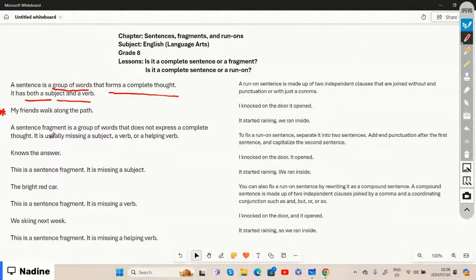If we identify the subject as well as the verb within that sentence, then my friends or friends would be the subject. I'm going to put S for subject. And walk would be the verb. There we have both a subject as well as a verb within that sentence. That shows a complete thought, which means that this is a sentence.